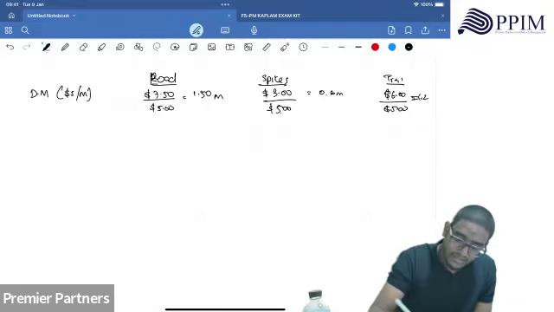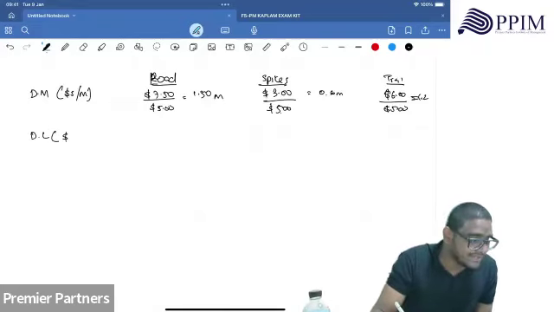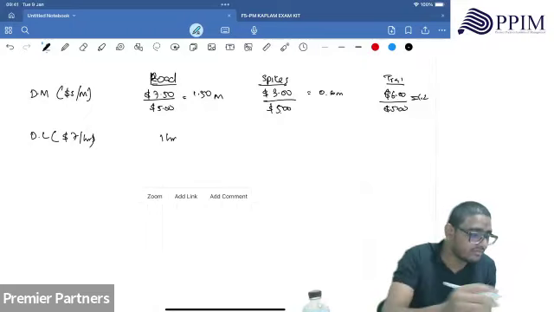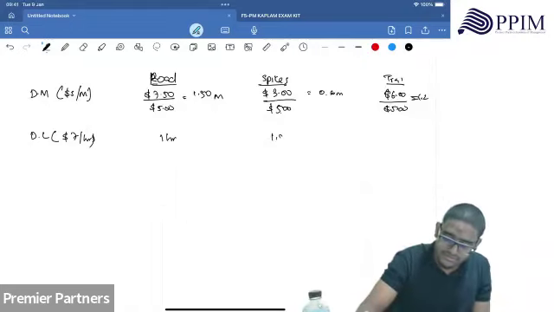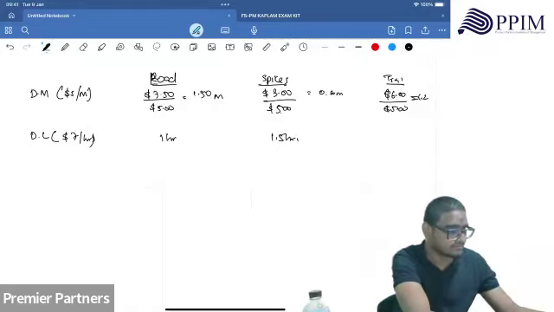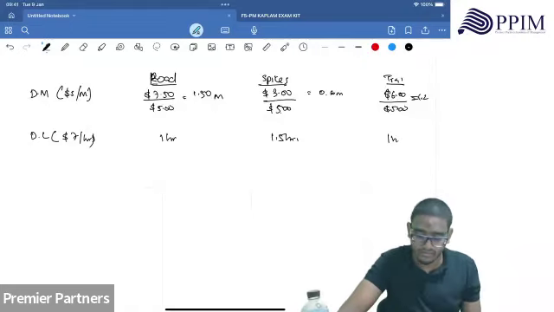Then you have to do the same thing for direct labor. Direct labor is basically $7 per hour. So how many hours are we using here? So this is 1 hour. So 10.5 divided by 7. That will give you 1.5 hours. And then again 1 hour, correct.